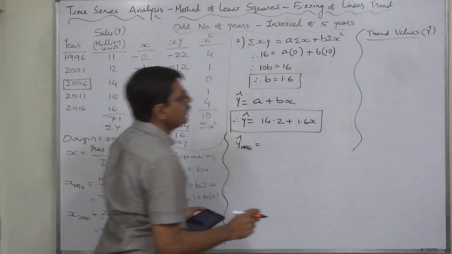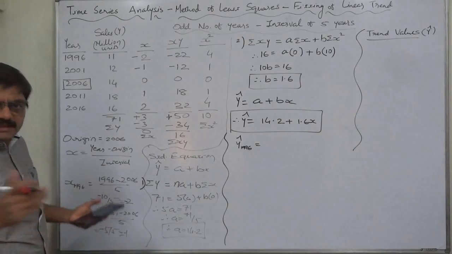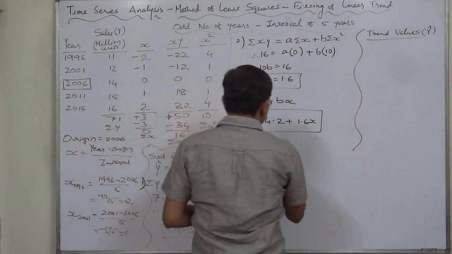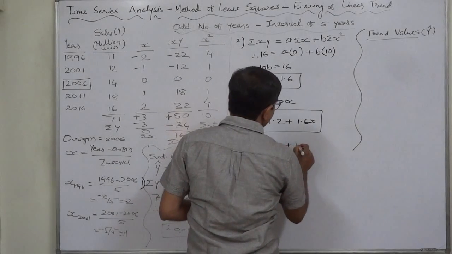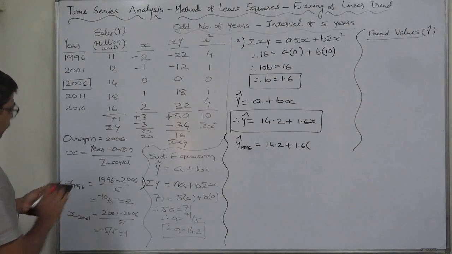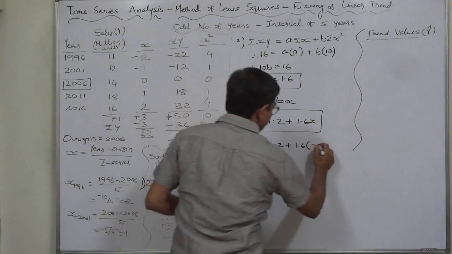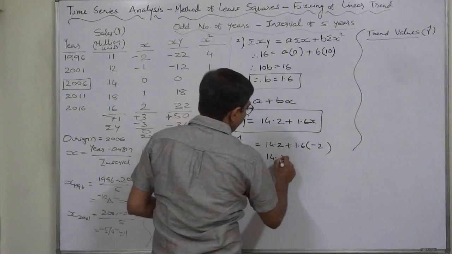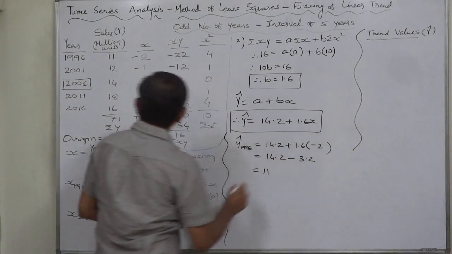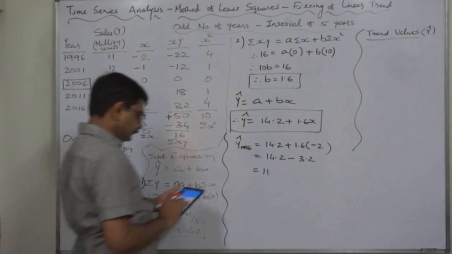That's why we call it trend value. Otherwise, it is the estimated value of y for that particular year. It will be 14.2 plus 1.6 into, what is the value of x for 1996? It is minus 2. So it is 14.2 minus 3.2. So it comes to 11.